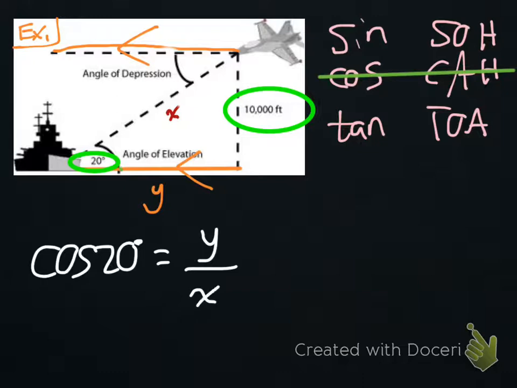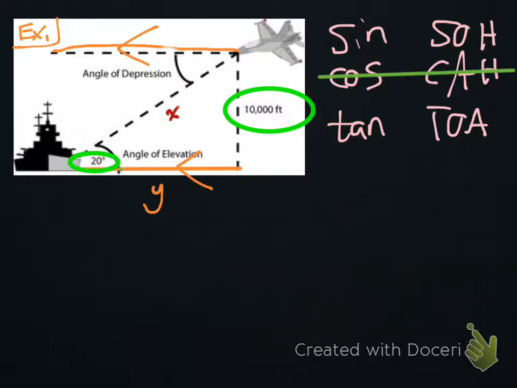That gives us two variables, so you cannot solve the equation, which means we're not going to use cosine. And in case any of you are skeptics, this is a right angle; we're assuming it's straight up. So we can use sine to solve for x, and we can use tangent to solve for y.